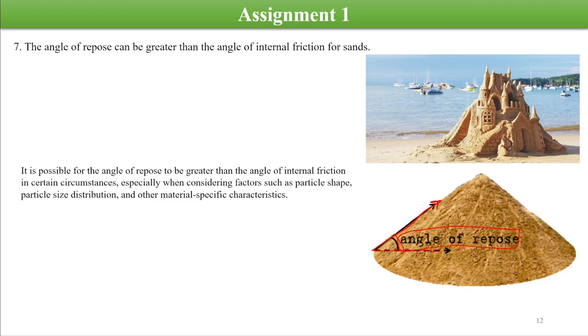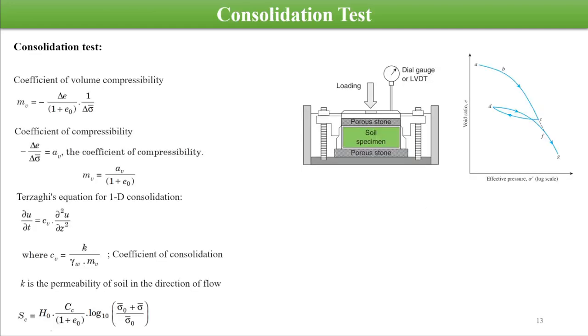But in sand dunes, you have seen that this angle can be much greater. So in unsaturated conditions, the angle of repose can be greater than the angle of friction. Mostly it is assumed that the angle of repose is equal to the angle of friction. But in unsaturated soil conditions, this angle can be much greater than the angle of friction, right?